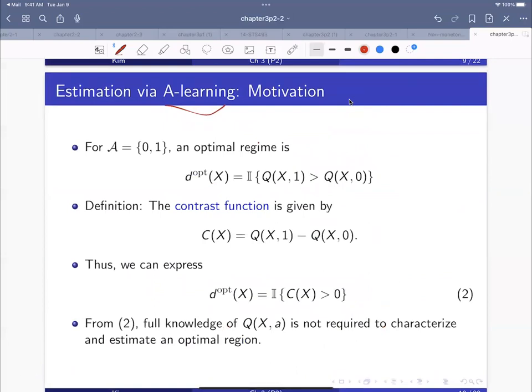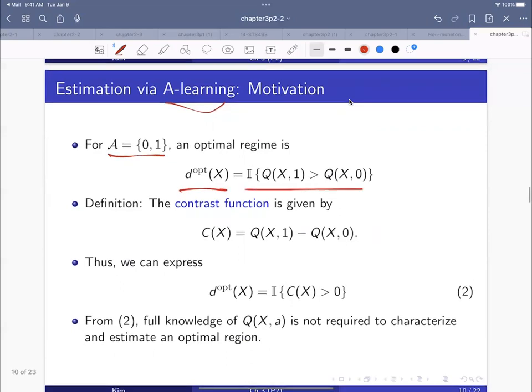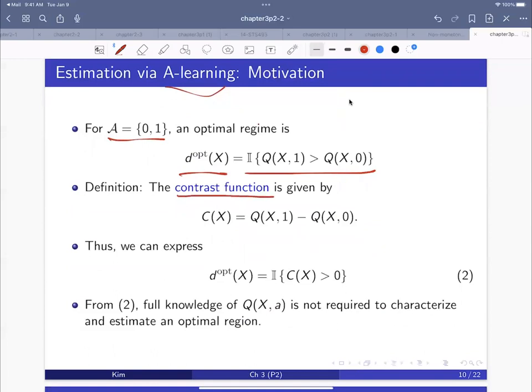In A-learning, we want to use fewer assumptions. So here's the motivation. Remember, for the 0, 1 situation, this is the optimal regime. If you define the contrast function, which has a name, it must be important, the optimal regime can be written as a function of the contrast function.